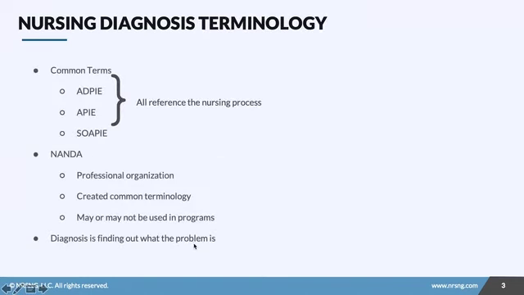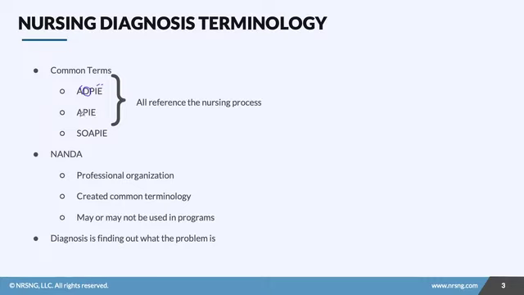All right. So there are some common terms or acronyms used, and this is going to vary by program, and some exclude the term diagnosis altogether. So first we have ADPI, which is what we talk about: assess, diagnose, plan, implement, evaluate. And then we have APIE, or assess, plan, implement, evaluate.